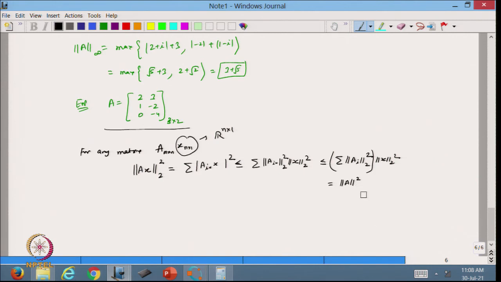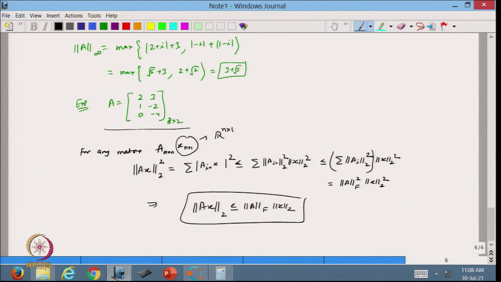It is not the 2 norm, we have just written the Frobenius norm. So, from here I can say that the 2 norm is less than or equal to the Frobenius norm times the 2 norm of x. It means that if I take Ax and take the 2 norm, that is always less than or equal to the Frobenius norm of A into the 2 norm of x.